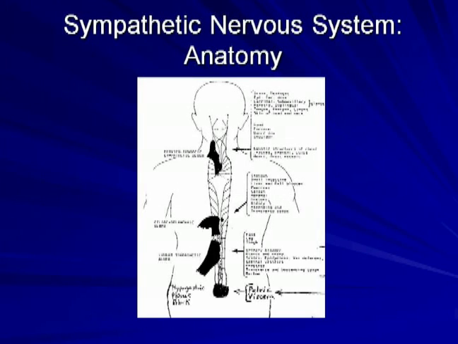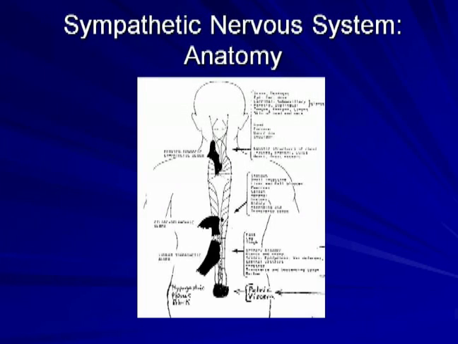To L2, your preganglionic sympathetic neuron originates from the spinal cord, T1 down to about L2. So it's organized.